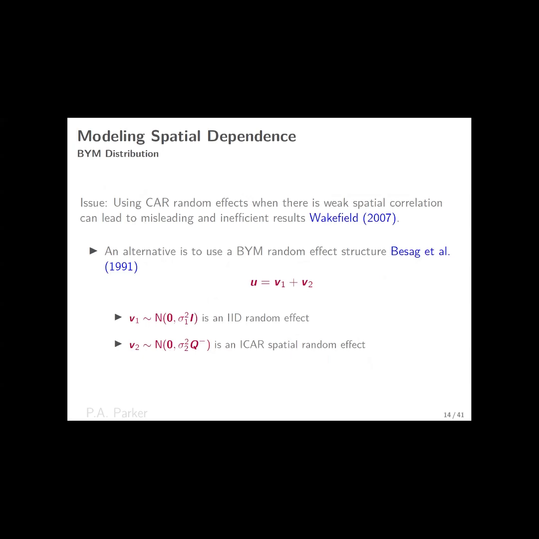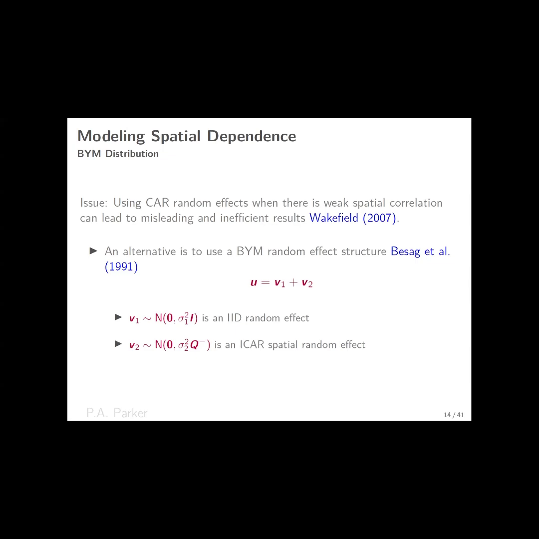Now, one issue here is that it's been shown that if you use these CAR random effects when there's weak spatial dependence, that can lead to inefficient and misleading results. So a common alternative is to use this Besag-York-Mollié prior or BYM prior. And so here we're taking the random effect mu and structuring it as the sum of two components, V1 and V2. And so V1 is an IID component, and V2 is an ICAR component.